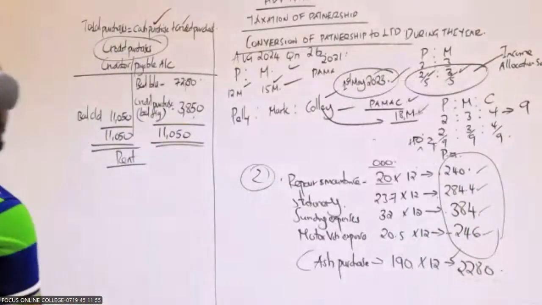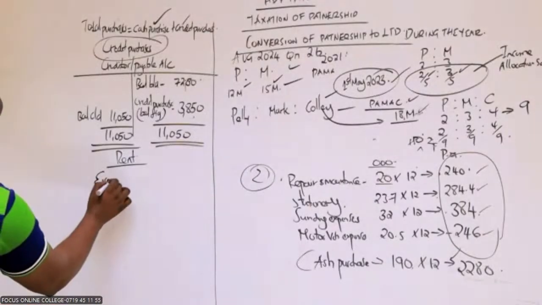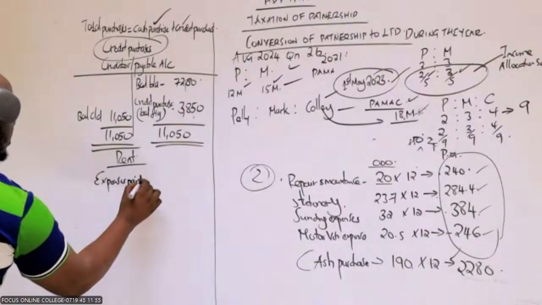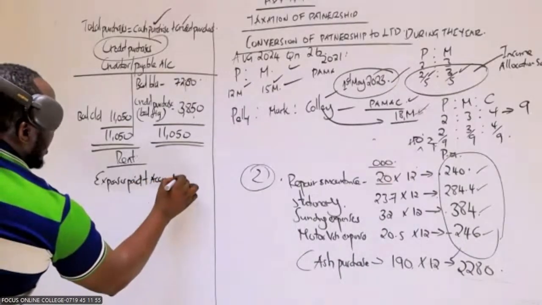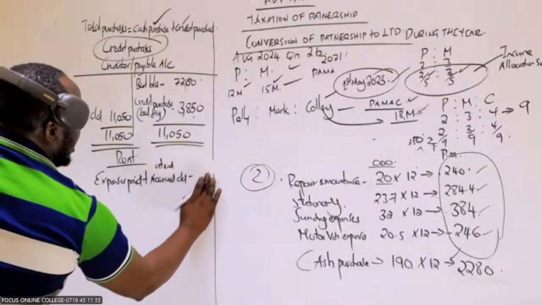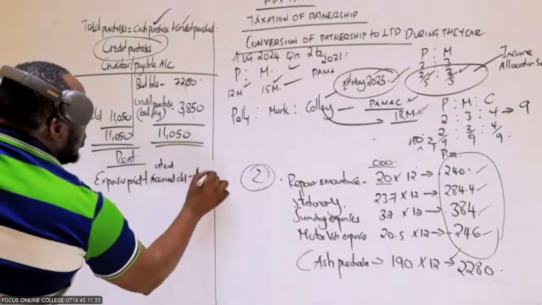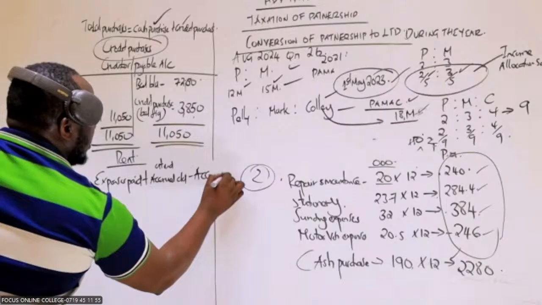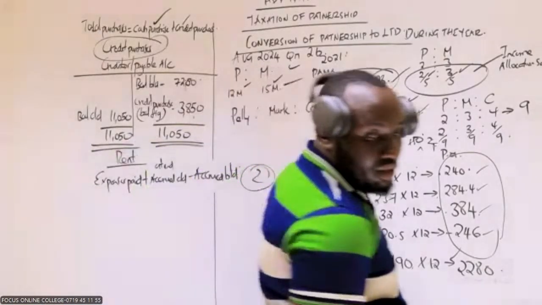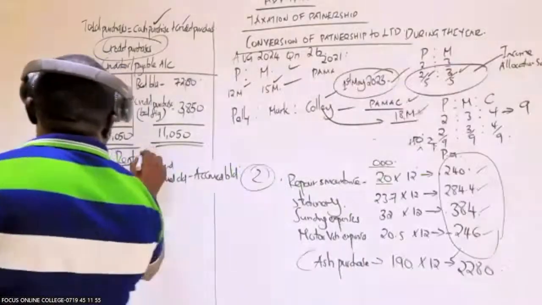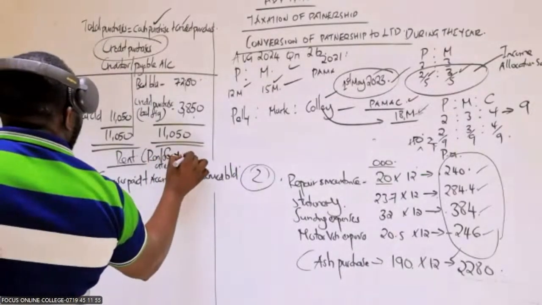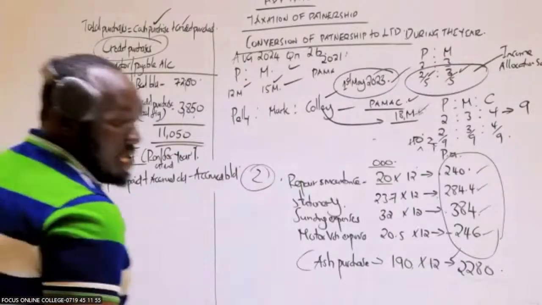The shortcut that I gave those who were in class: expenses paid plus accrued carried down, that is at the end, minus accrued brought down. This is to get rent for the year.